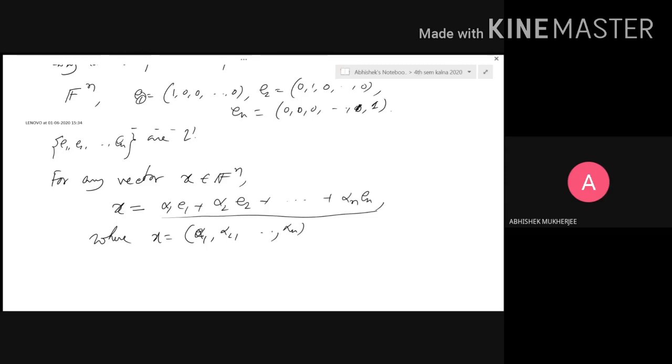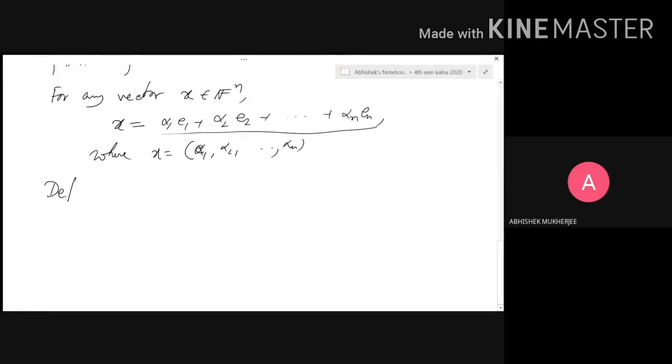And in general, let V be a vector space.